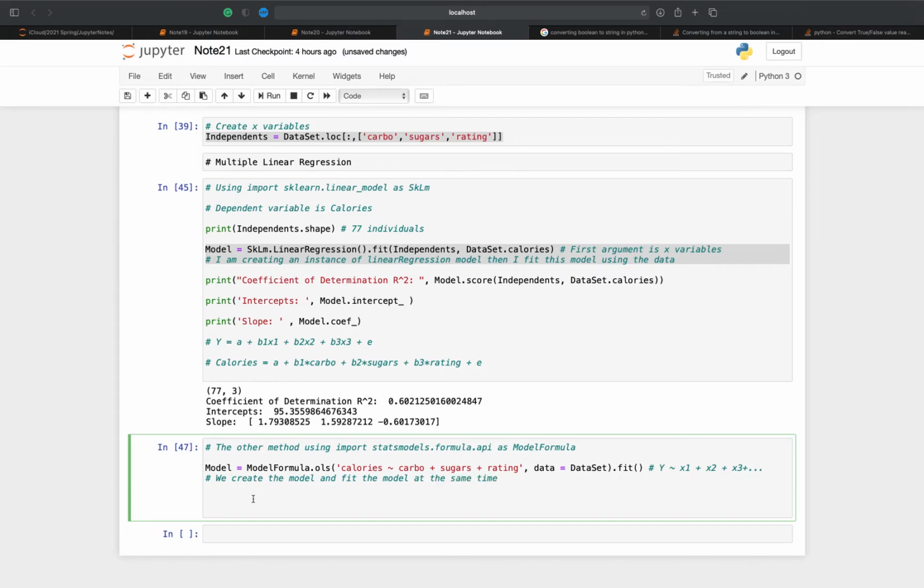So now I'm going to print model dot summary. Do I need parentheses? I think I need them, because I have multiple pieces of information in this.